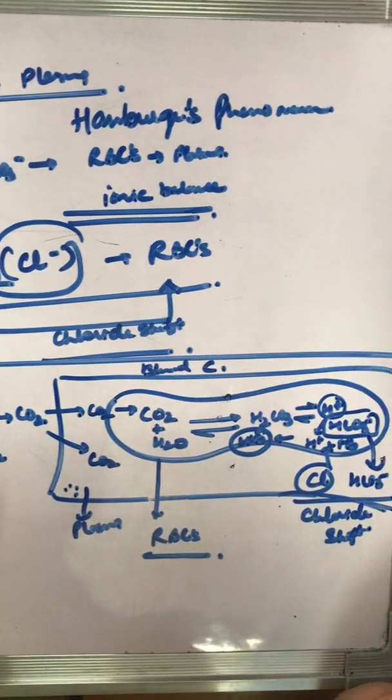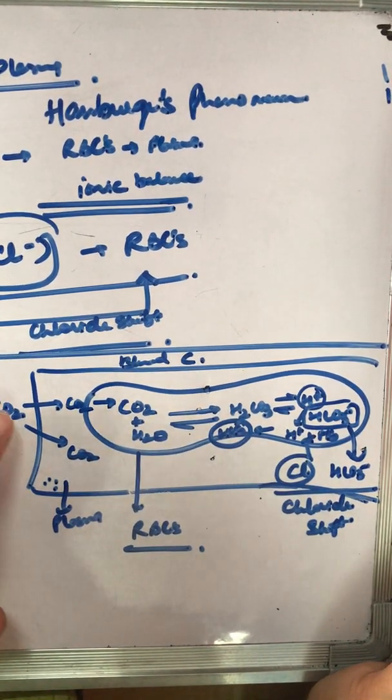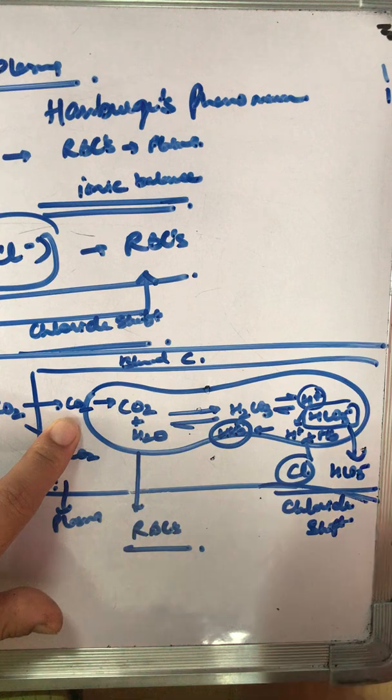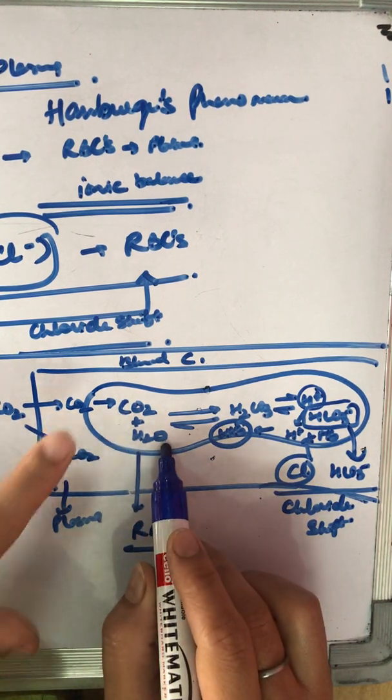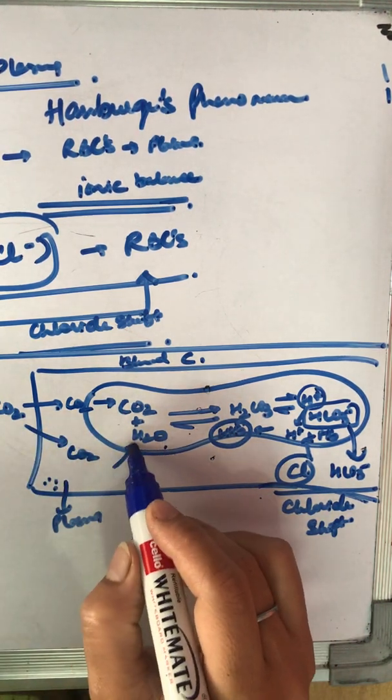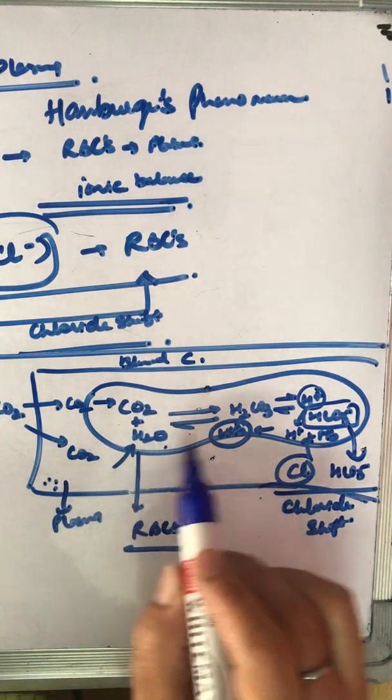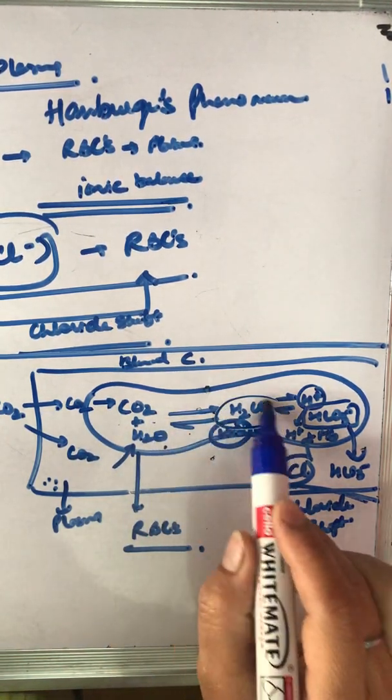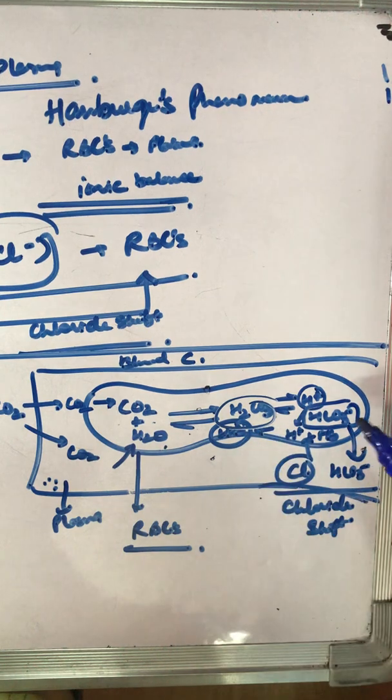Now look, what came from the tissue? CO2. Where does it go? The CO2 goes into the RBC. Joins the water. Let's say water also came from the plasma. This water and carbon dioxide together form carbonic acid. It releases to form bicarbonate ion and hydrogen ion. Where does the hydrogen go?